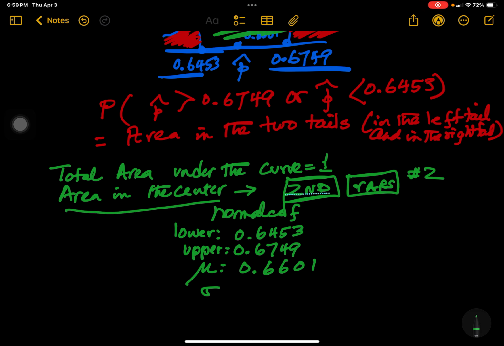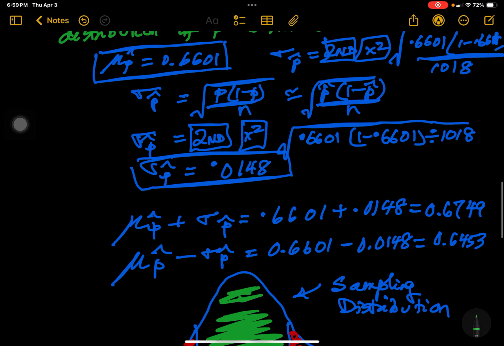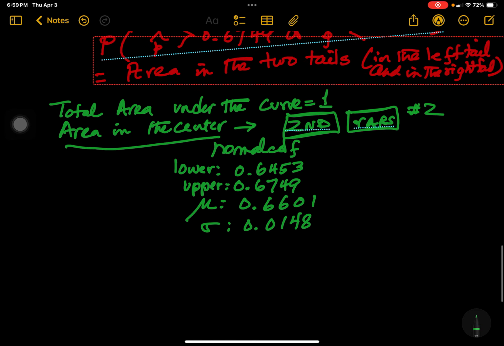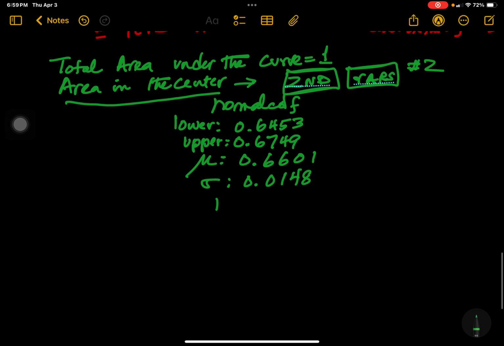And my sigma, which is the standard deviation of the sampling distribution, which we found out as 0.0148. Just let me check and make sure. Yes, I'm using the correct values. Okay. So then we go to paste and hit enter twice.